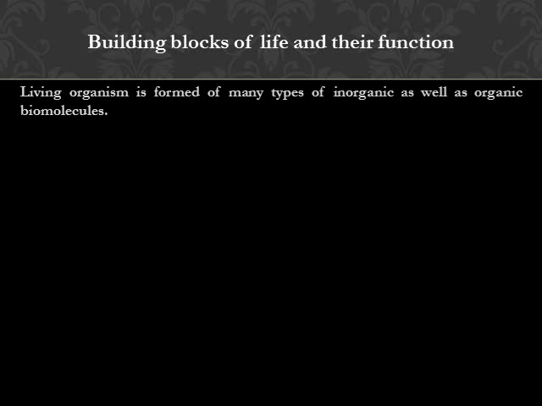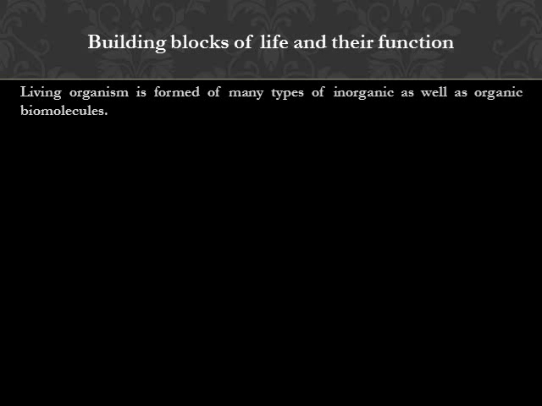Now, if we are going deep into the building blocks of our life and their functions, the chief constituents of our body, that is the living organism, are formed of many types of inorganic as well as organic biomolecules. Biomolecules means molecules which are found inside living organisms. The chief division of these biomolecules is of two types.